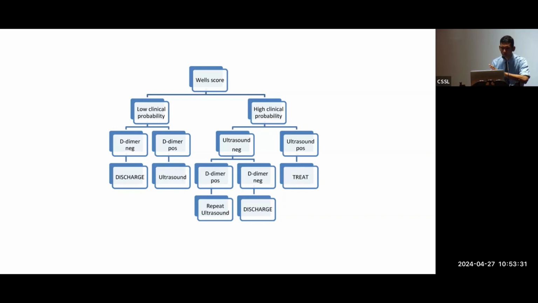In a patient with a score of 2 or more, or high risk of DVT, you do an ultrasound scan straight away. If the ultrasound is positive, you treat as for DVT. If the ultrasound is negative, you can do a D-dimer. Negative D-dimer patients are excluded. And if the patient has a positive D-dimer, you have to do a repeat scan after one week's time.